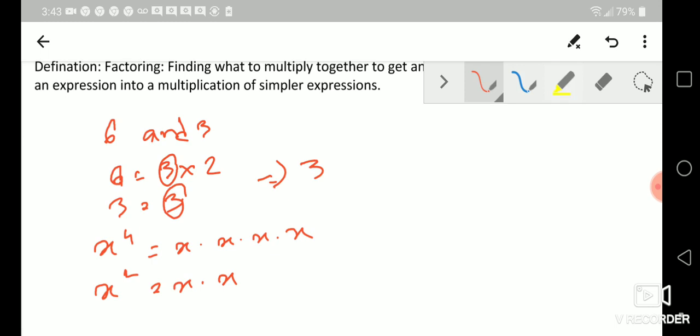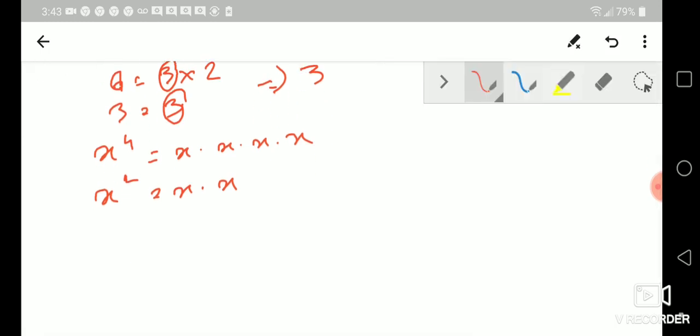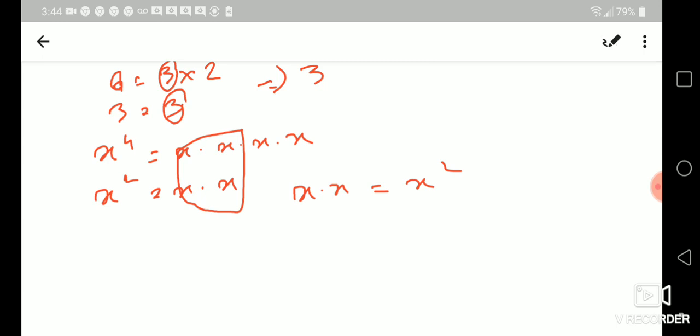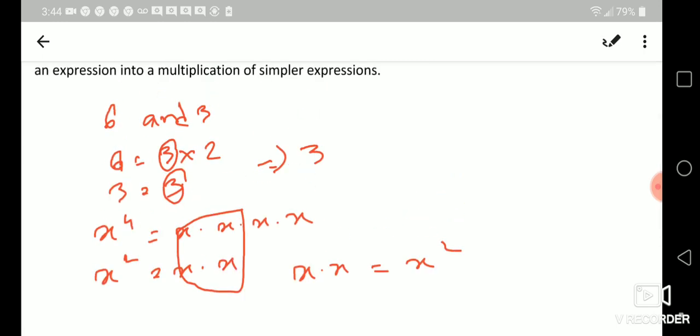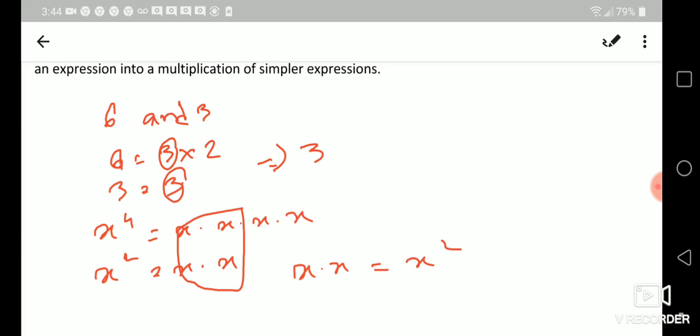So if we look at what is common between these two, if we factor x squared out of x to the power 4, we are left with x and x. So our final answer will be x dot x. That's our factored form, and the final answer will be x to the power 2. So far so good. It works for both variables and numbers.